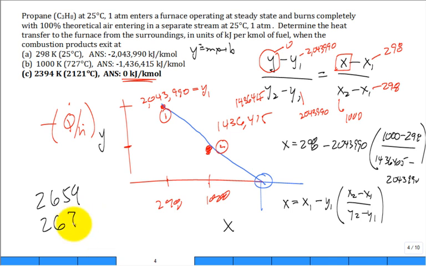Well, it's all rounding off. Oh, that's fine. 298. This is 298, right? All right. What'd you get? 2659. Another volunteer. What'd you get? 2661.